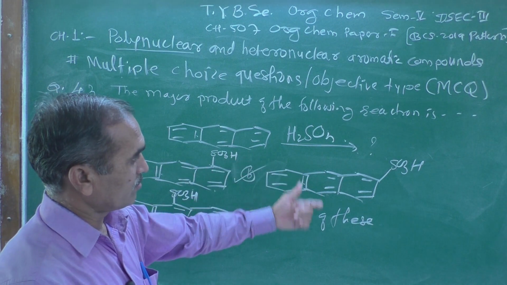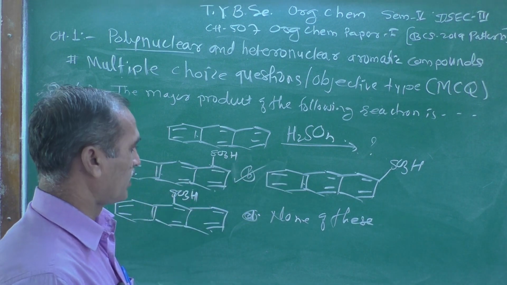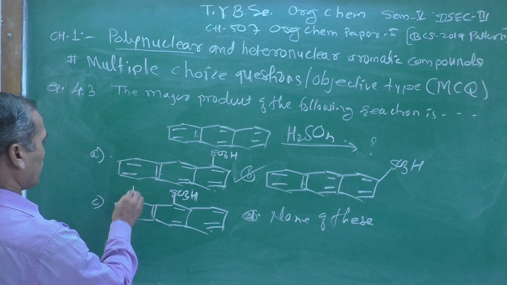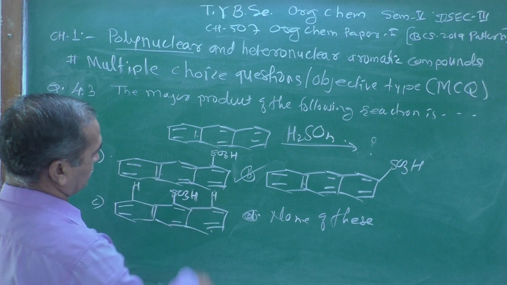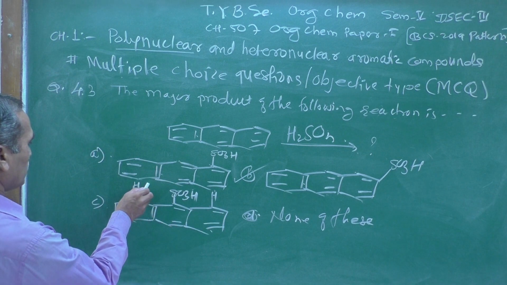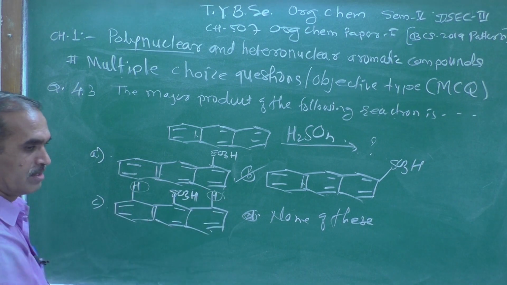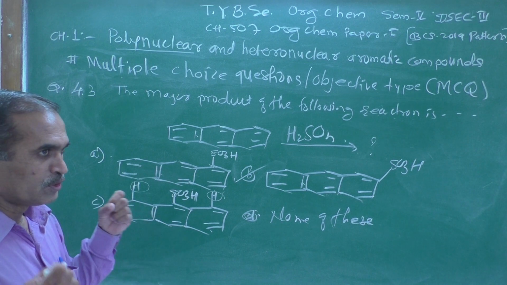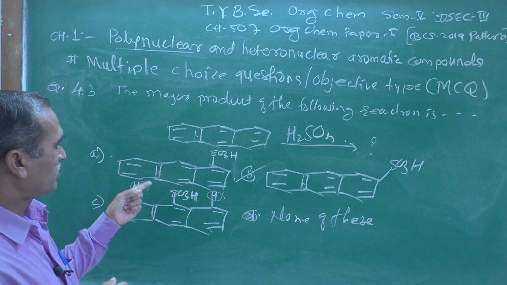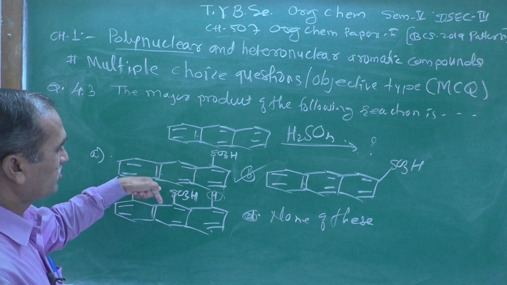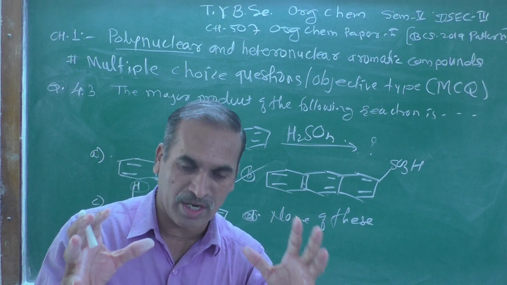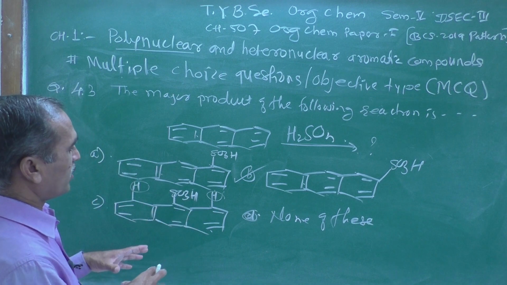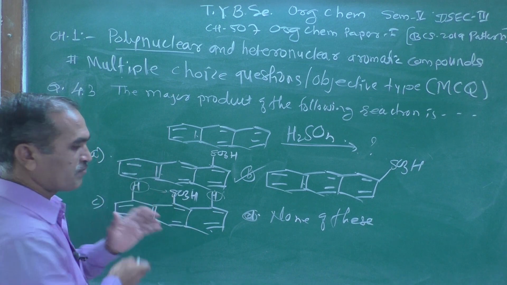Why not A? Why is B the answer, and not this middle one, structure C? If you look at structure C, the hydrogen atoms present at this position, even though they are small in size, are sufficient to block the sulfonic acid, because sulfonic acid is a very bulky group and there are a lot of steric interactions.